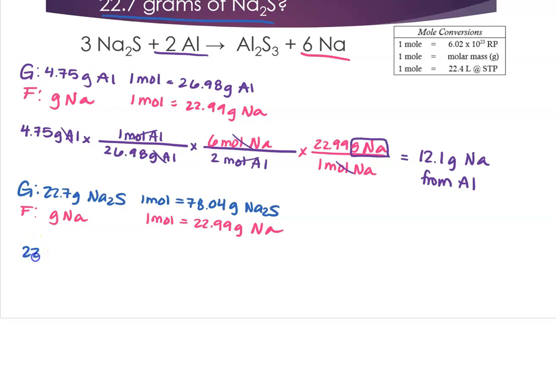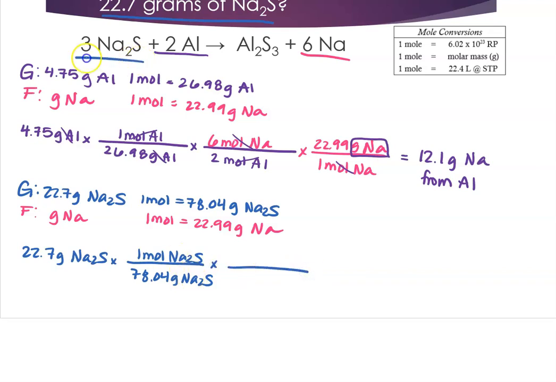So start with what we're given, 22.7 grams Na2S times, divide by molar mass, 78.04 grams Na2S, 1 mole Na2S on top. Then we do mole ratio, 3 moles Na2S on the bottom. And then we're finding Na, so that's the same as the previous problem, 6 moles Na on top.